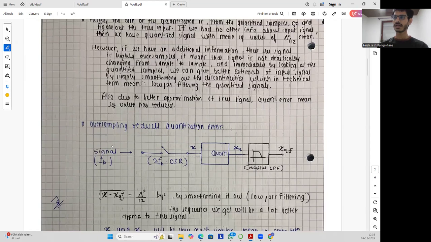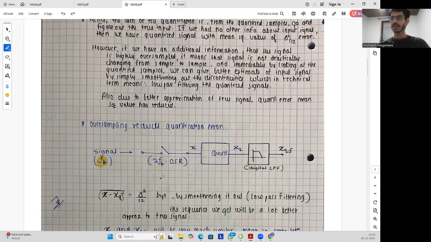So we have a signal whose in-band frequency or bandwidth is, let's say, FB. This is a continuous signal. Now Nyquist says that we need to sample it at or more than 2 FB, but we sample it at a very high rate, very much greater than 2 FB.